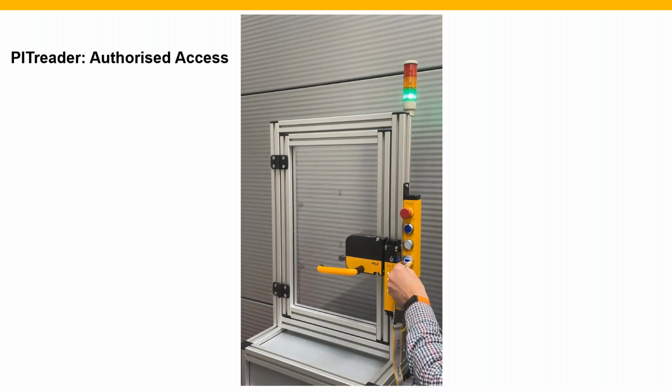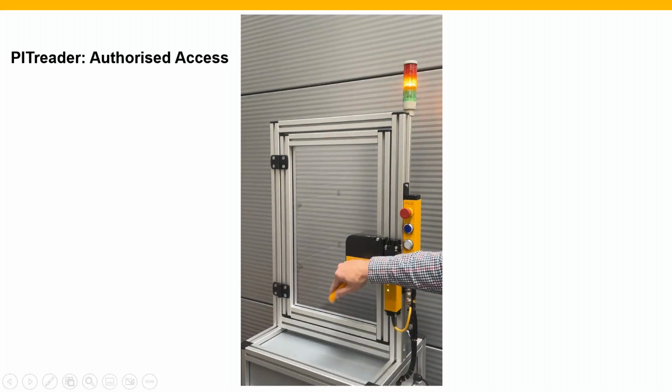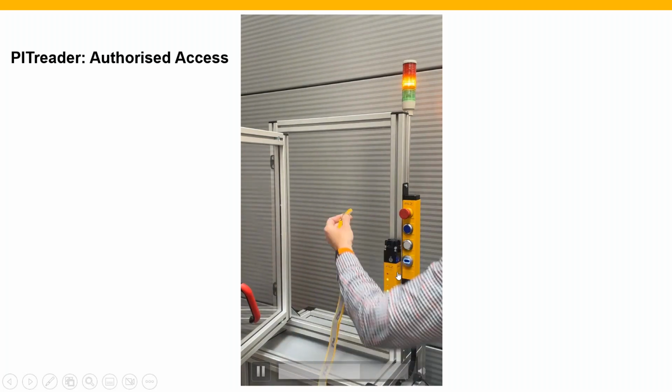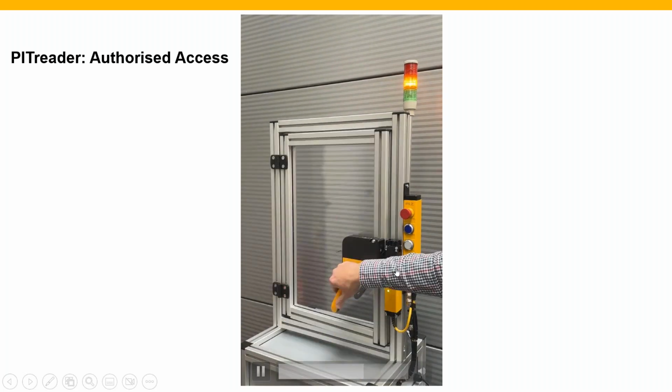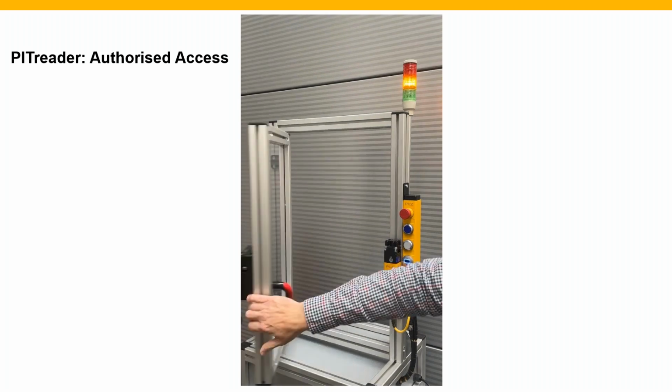So I come along with my key. If I've got the correct permissions, you can see the light comes on. We've programmed it so I have to remove my key, which would then allow the lock, the solenoid, to be energized and the door to be opened. If I left my key in there, the door would remain locked closed. If somebody comes along and closes the door behind me when I've entered with that key, they can't lock it.